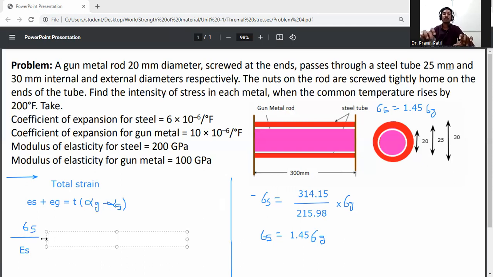Then plus Eg is sigma g, stress in gun metal, divided by Eg, is equal to T in bracket alpha g minus alpha s, coefficient of thermal expansion of gun metal minus coefficient of thermal expansion of steel, into T. Okay, put all these values here.